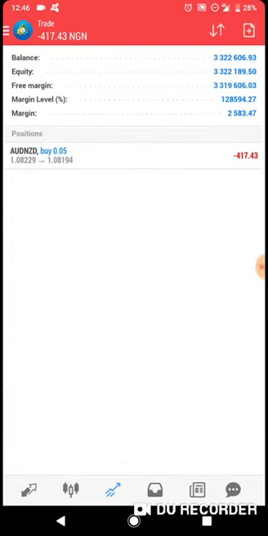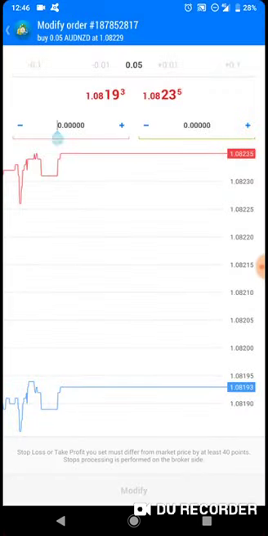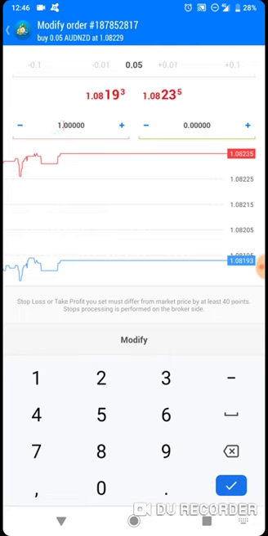I'm not calculating something correctly. Okay, 1.08. Sorry, I was calculating wrongly. So that's 1.0827.